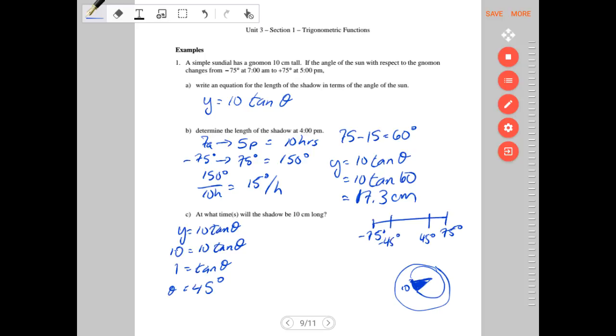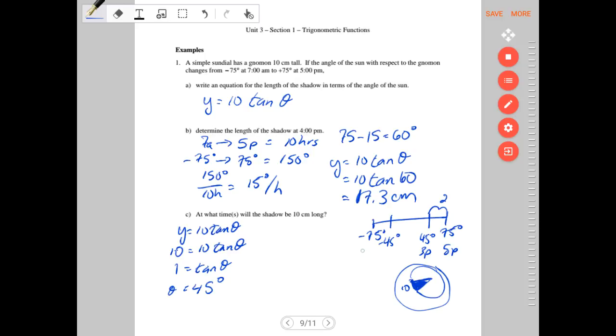So 75 take away 45, that's 2 increments of 15 degrees each. So if we're starting at 5 p.m. and 2 increments before that, that would put us at 3 p.m. So at 3 o'clock, we would have a shadow that's 10 centimeters long.